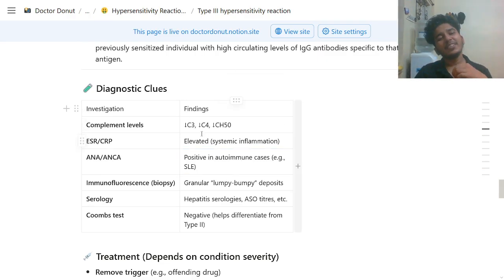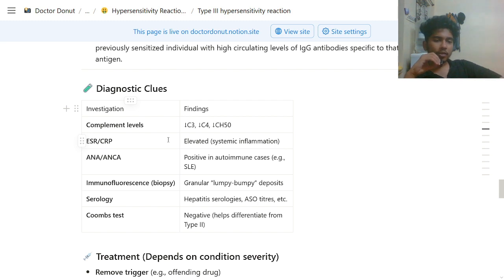So the tests that we can do: complement levels, where there is decrease of C3 and C4 and decrease of CH50. ESR is elevated, and CRP, erythrocyte sedimentation rate and C-reactive protein.